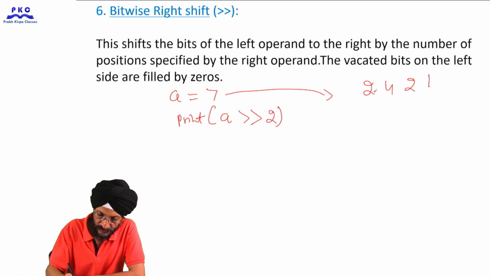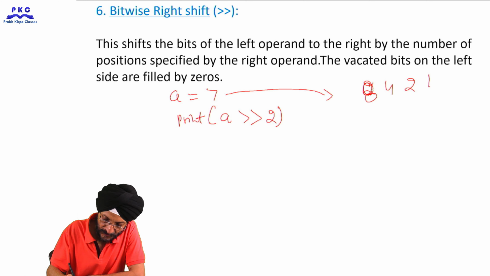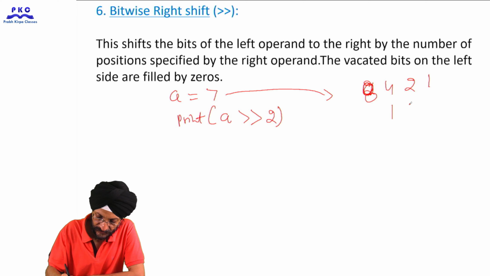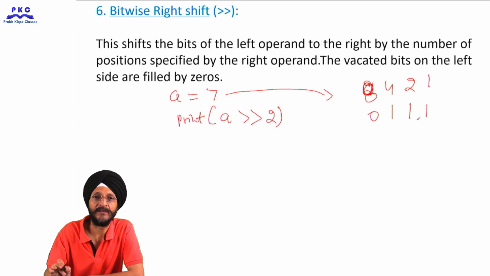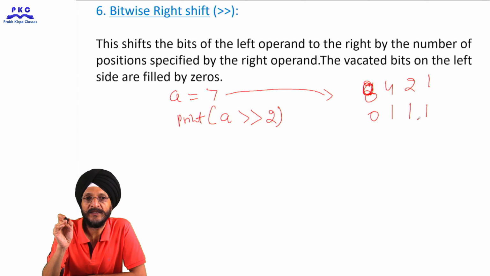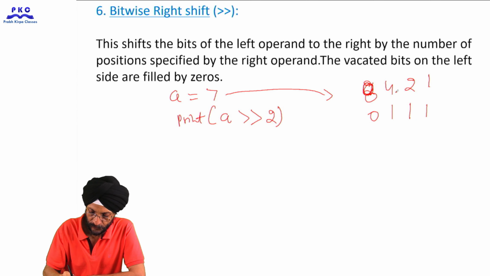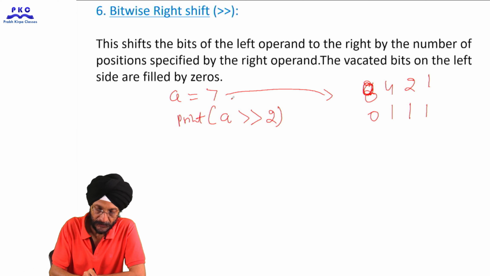The binary number will be 0, 1, 1, 1, that is 4 plus 2 plus 1. The values which we have considered, 4 plus 2 plus 1, become 7. This is the binary number.